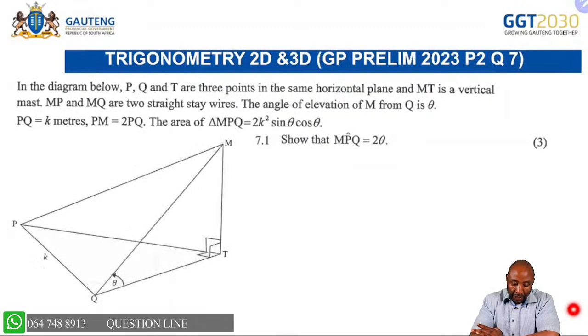This was our question number 7 in our prelim 2023 paper. We were given that P, Q, T are 3 points on the same horizontal plane and MT is a vertical mast. MP and MQ are two straight stay wires. The angle of elevation of M from Q is theta.